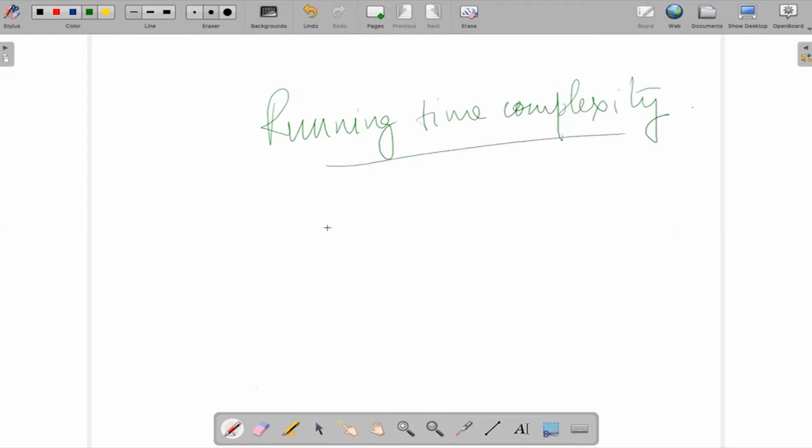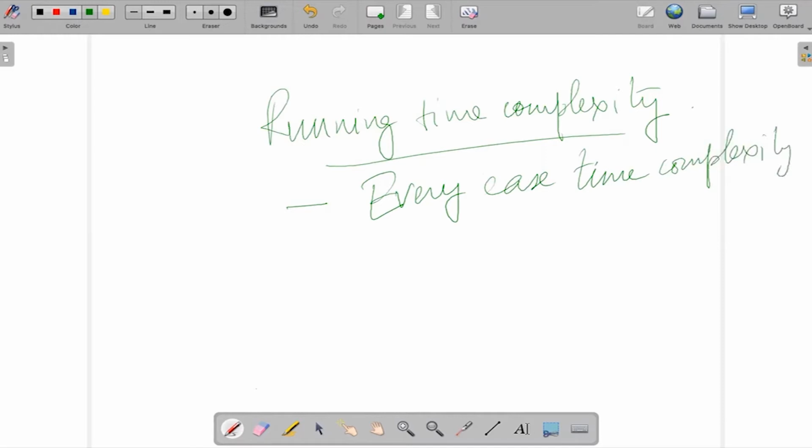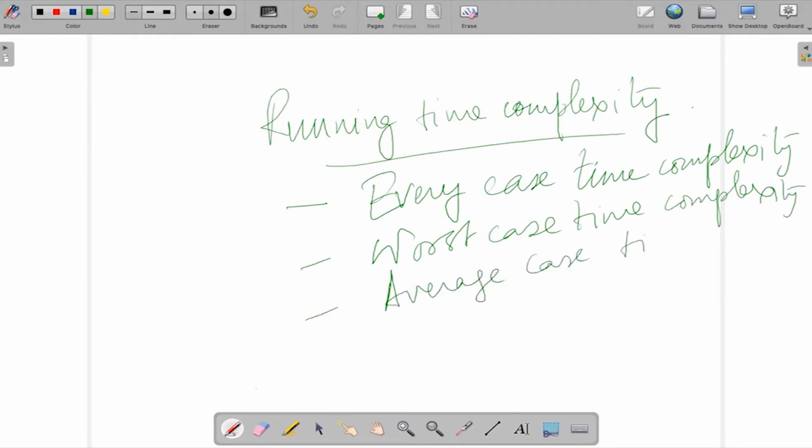We also introduced ourselves to the concepts of different cases of running time complexity, such as the every case time complexity, the worst case time complexity, average case time complexity, and the best case time complexity.